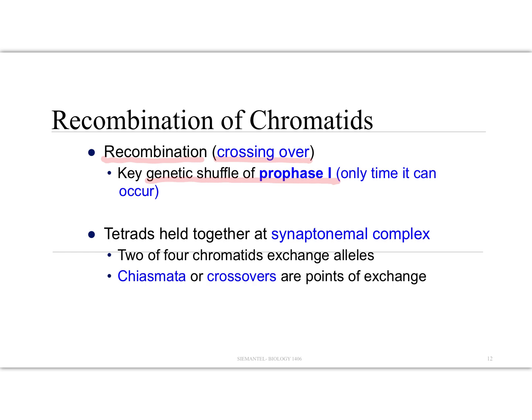Those tetrads, those homologous pairs that have properly paired together, are held to each other, and there is an exchange of alleles. Where they physically touch is known as chiasmata, or some people just call them crossovers, and they are the points at which this exchange is going to happen.